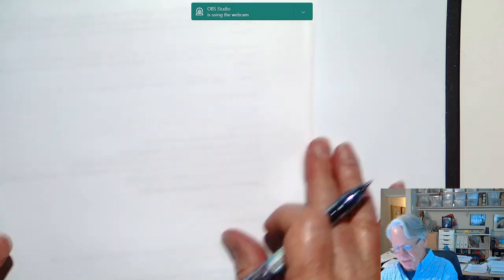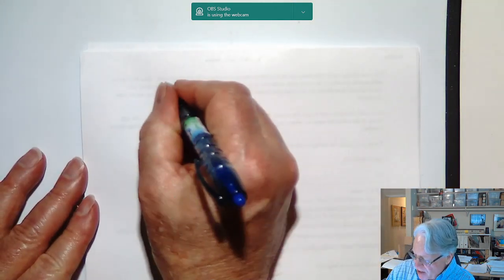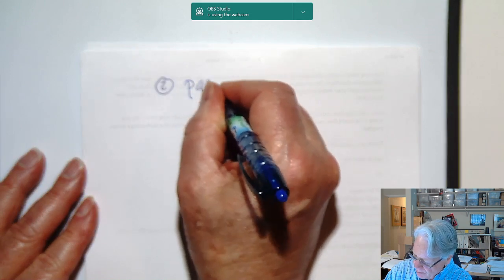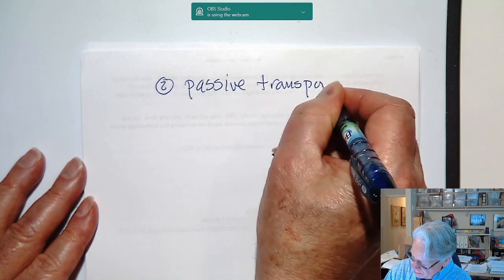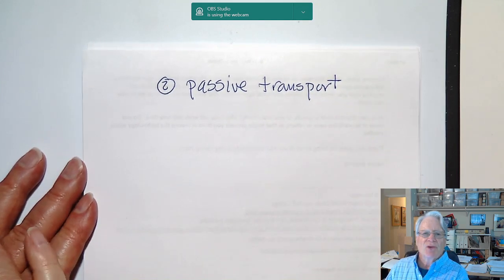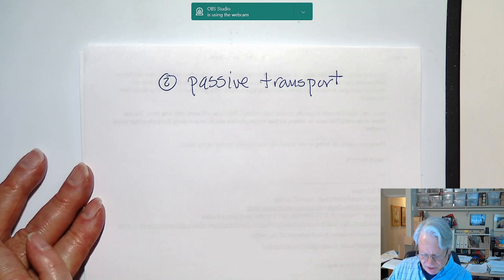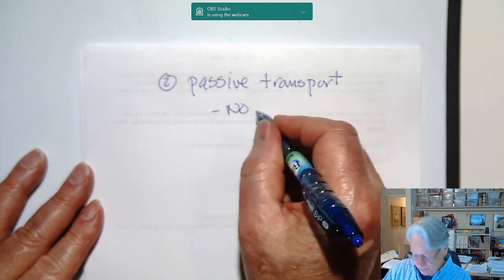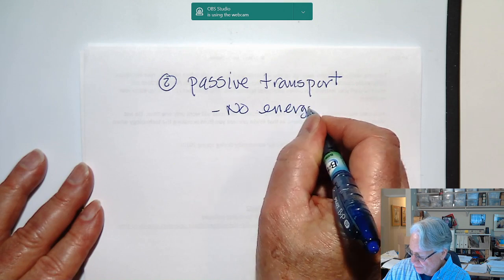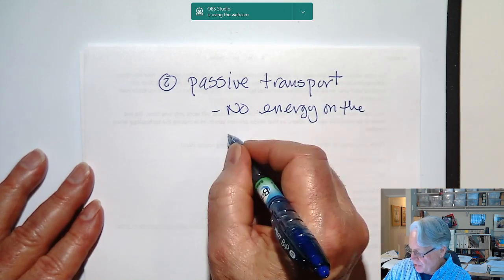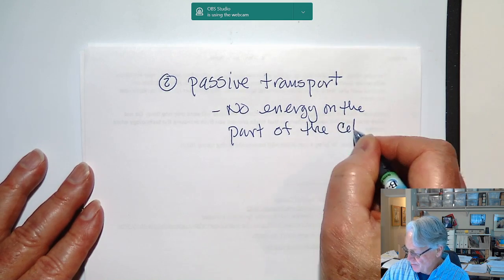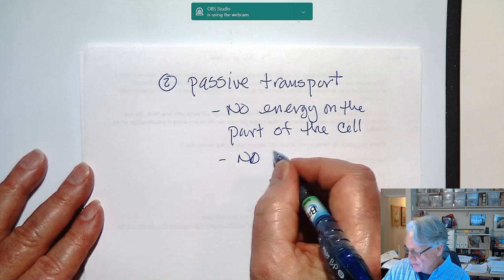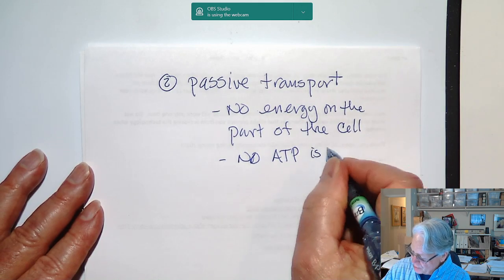The second form in which this takes place is passive transport. So passive transport, as you might have guessed, requires no energy on the part of the cell. No ATP is used.